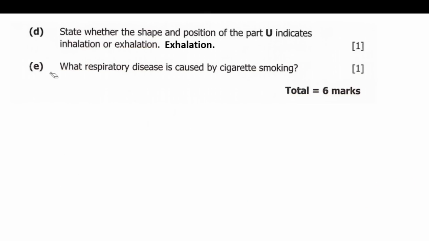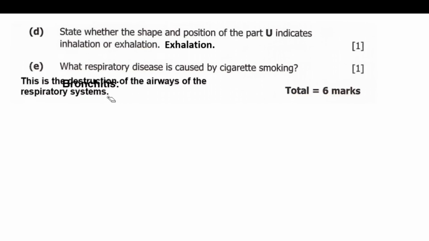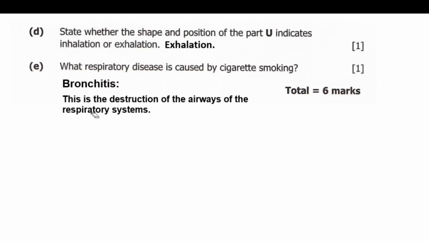Then E says, what respiratory disease is caused by cigarette smoking? There are many. We have bronchitis. This is the destruction of the airways of the respiratory system, the path through which air moves to reach the alveolus.